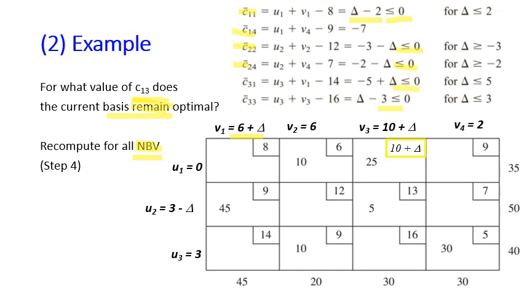So you put this sign saying that for all non-basic variables, we want the c hat to be less than or equal to 0. And then you simplify everything, move the delta to one side and the value to the other side. So you get these requirements in order to keep the current basis optimal.